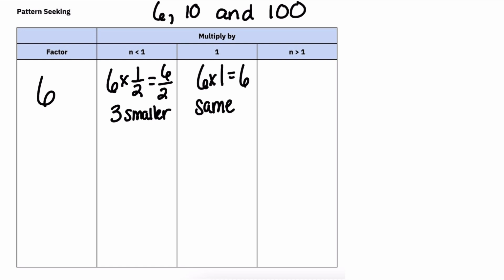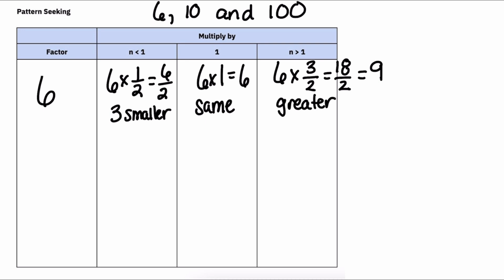And let's try multiplying 6 by 3/2. I want to use a fraction on purpose, so it's a fraction that is greater than 1. All right, so we know we're going to end up getting 18 over 2. 18 divided by 2 is equal to 9. So 9 is greater than 6.